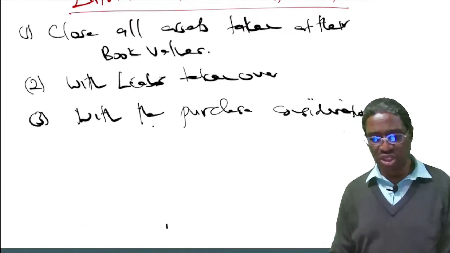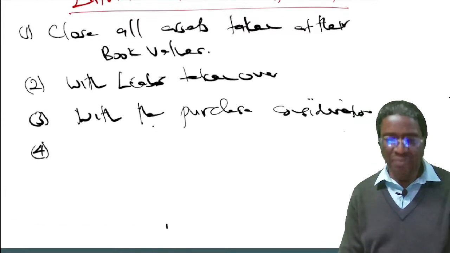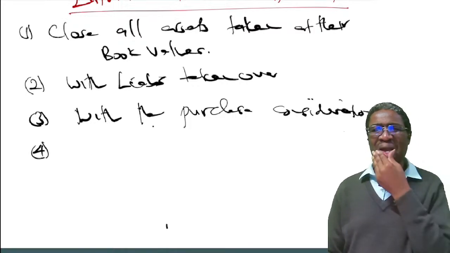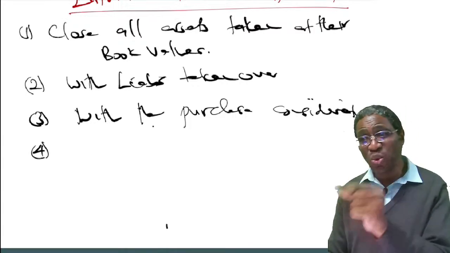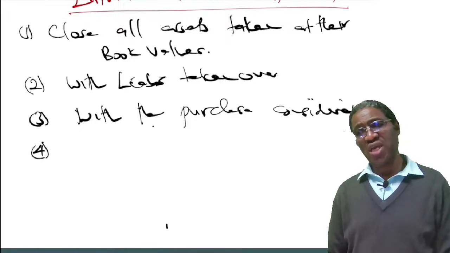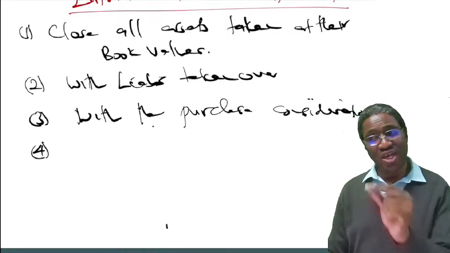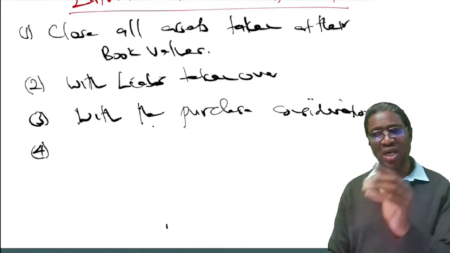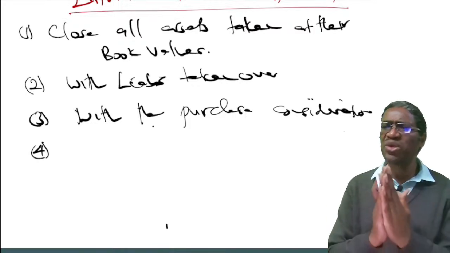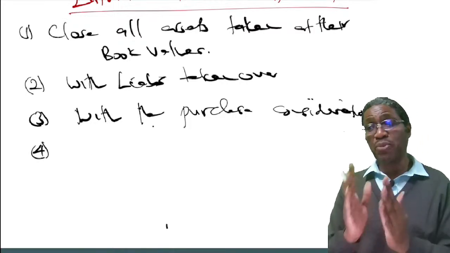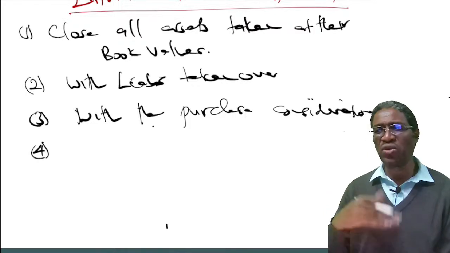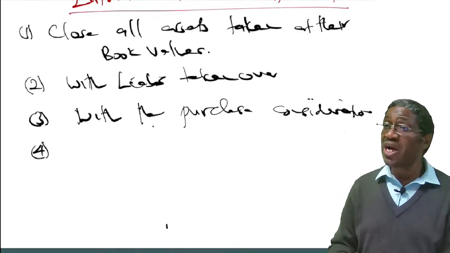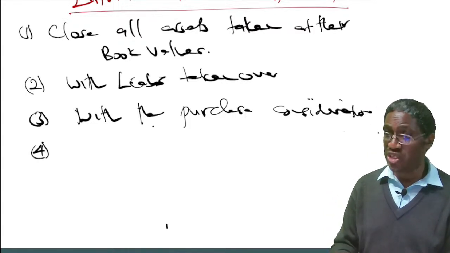Let me go to step number four. We have said company A must be liquidated. And so in the process of liquidating themselves, they may be required to incur some liquidation expenses.